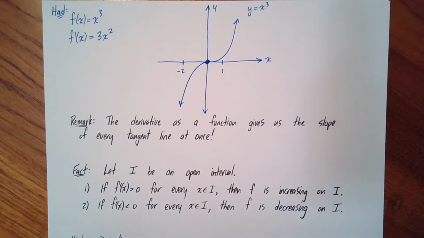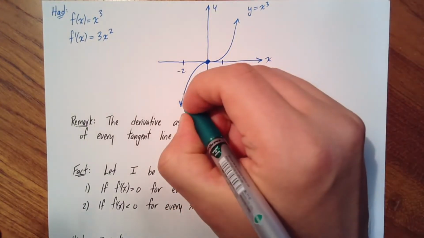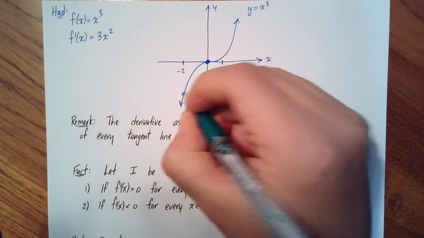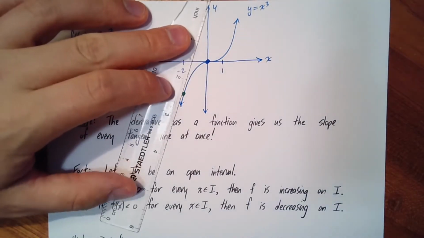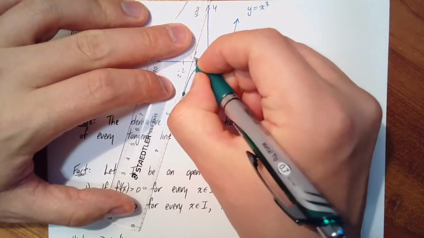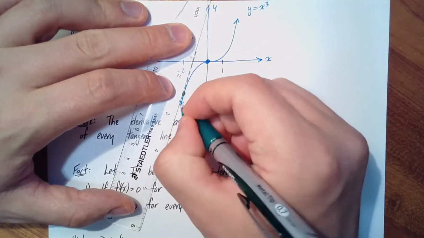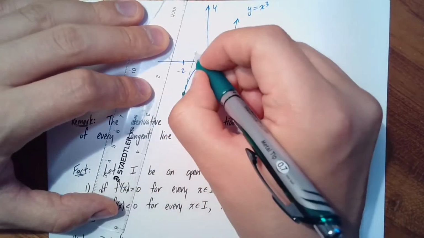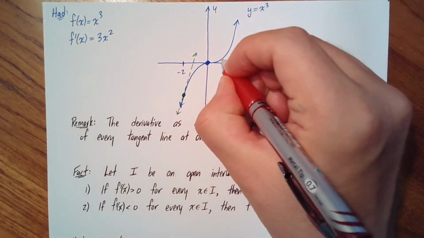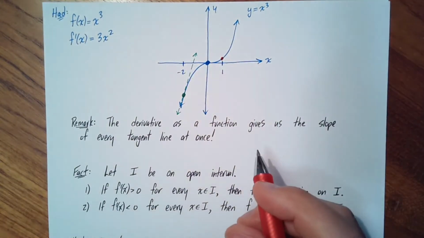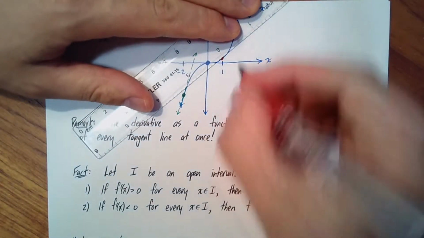So we can draw a corresponding point on the curve for each of those x values, and we can sketch the tangent line. Just to keep this picture from getting too messy, I'm going to use a ruler here. If I draw the tangent line here, it's going to look something like that. And I can draw the tangent line at the point x equals 1 here, and I get a tangent line here as well.